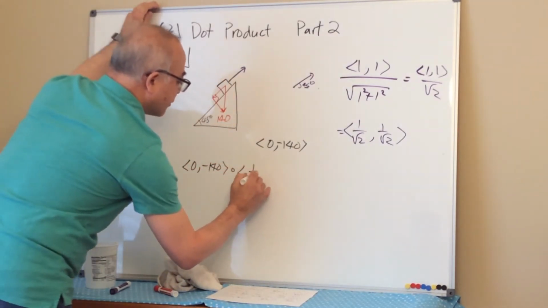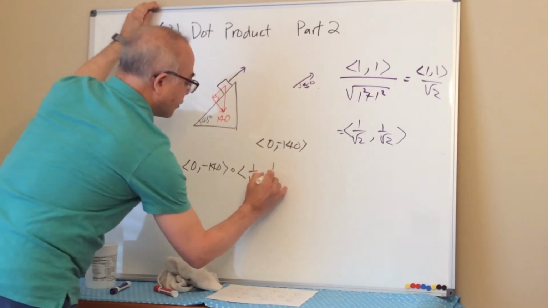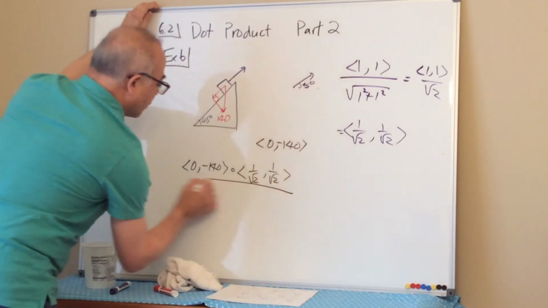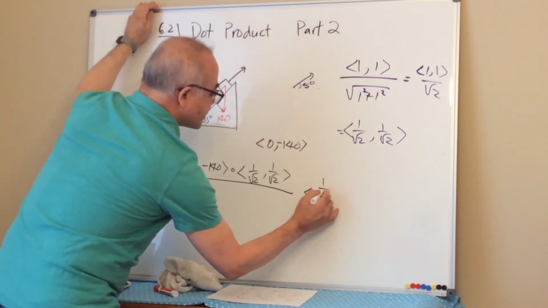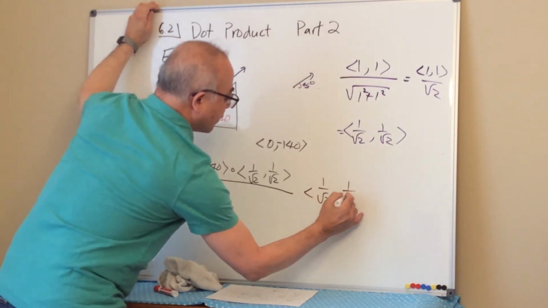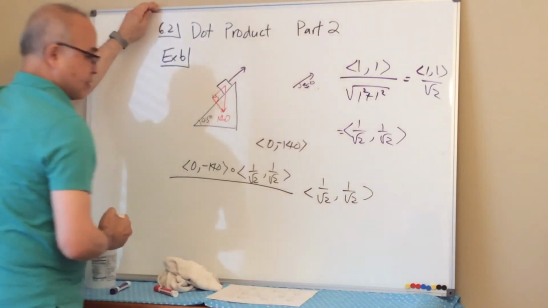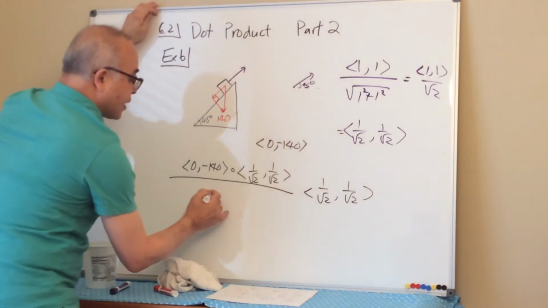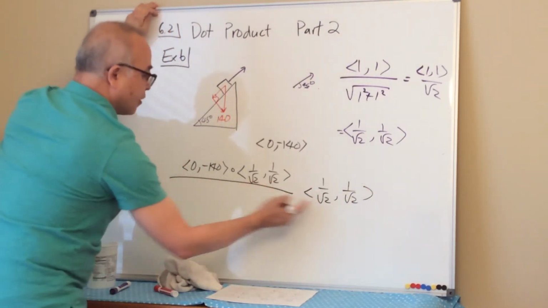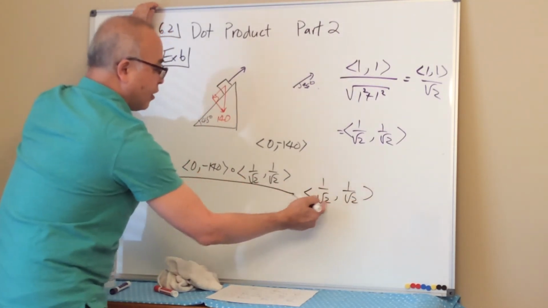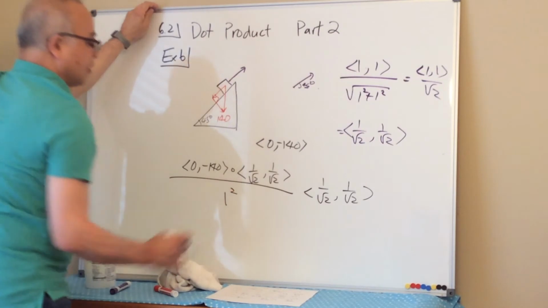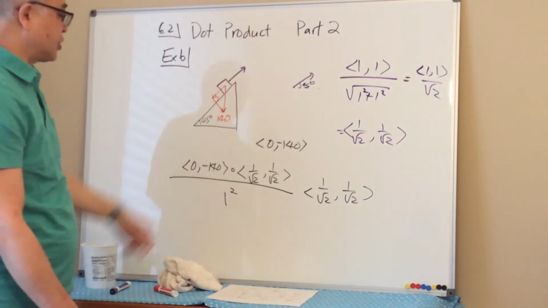The dot product, and the vector itself is this. Then I have to square this, right? But since it's just a unit vector, what is the magnitude here? It's 1, correct? So it's going to be 1 squared as such.